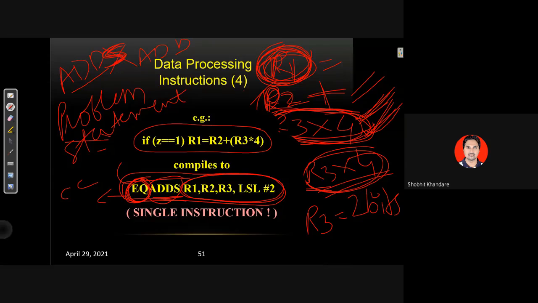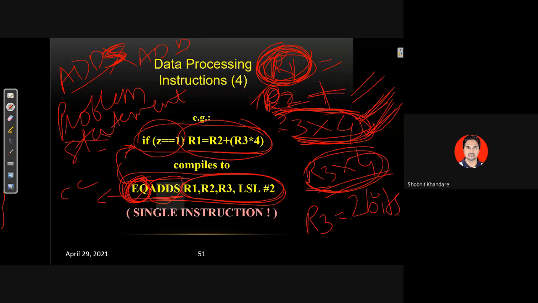So again I am repeating, EQ का मतलब होता है if Z = 1, अगर Z = 1 है तो क्या परफॉर्म करो? R1 = R2 + R3 into 4. ओके, तो if Z = 1 के लिए मैंने लिखा EQ, और ये ऑपरेशन के लिए मैंने क्या लिखा?